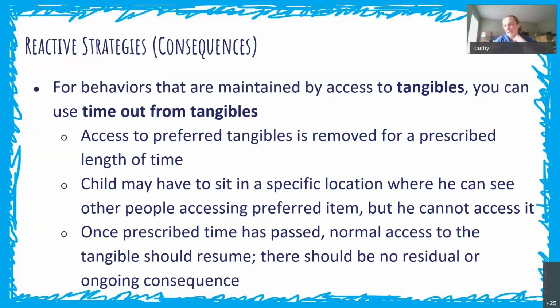You think that they're trying to get out of their work, but really they just want your attention. You're giving them tons of attention, and you are then reinforcing whatever maladaptive behaviors they're engaging in, because you don't have the right function. So then you've sort of created a bigger problem. So really, when you think about any sort of consequences, you want to make sure you understand why problem behavior is occurring.